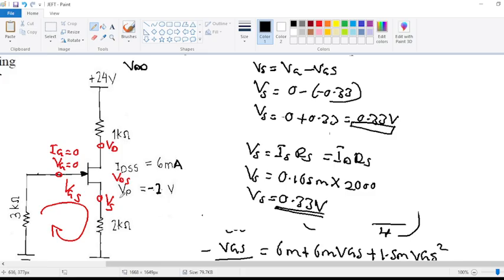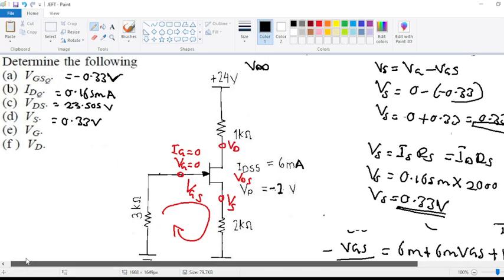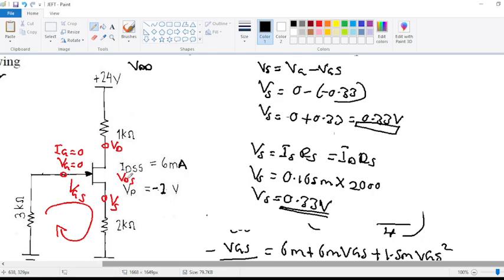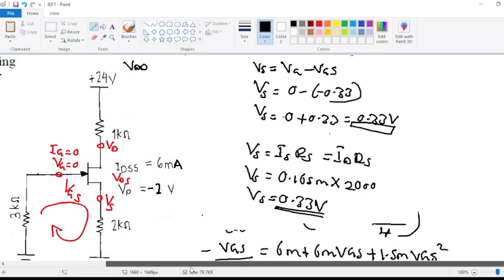Now here, for us to use this one for the VDS, we don't know the drain voltage there. We haven't yet calculated the drain voltage, so it will be hard for us to use for the VD. Okay, for the VDS. So we can use these two. It still comes up with the same answer.